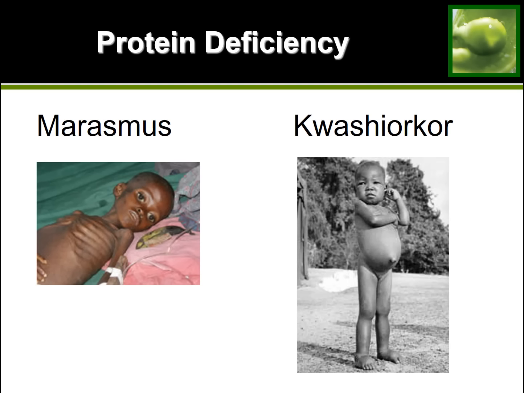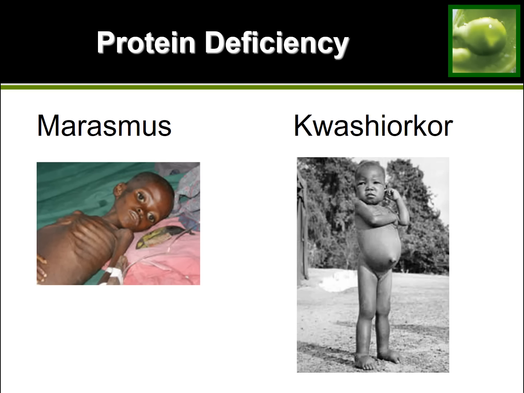Now, on the individual that you see on the right, this is someone with kwashiorkor, which is when they are maybe getting enough calories but not enough protein. This tends to happen in a lot of developing countries because protein tends to be something that is more costly, and so a lot of times they're living off of carbohydrates.